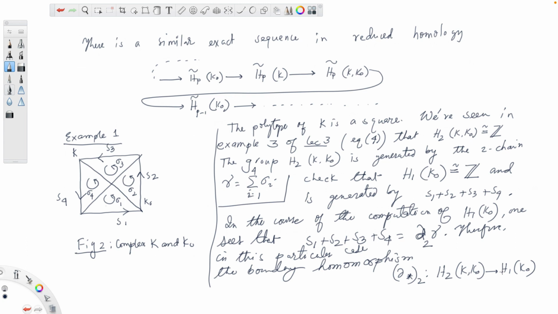And this happens to be a map from Z to itself, which is an isomorphism.